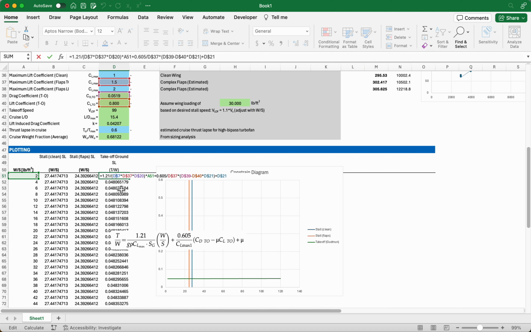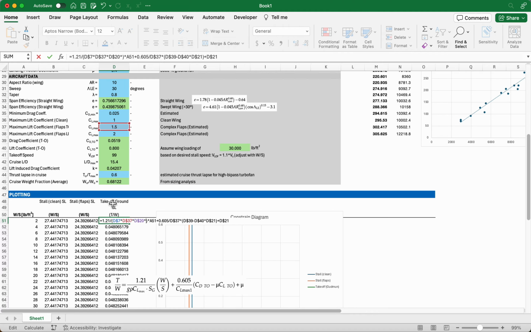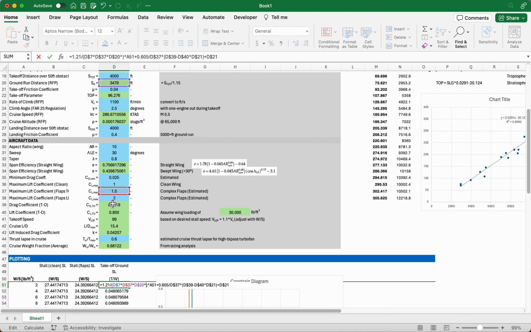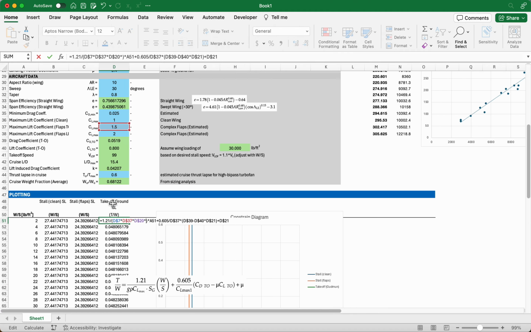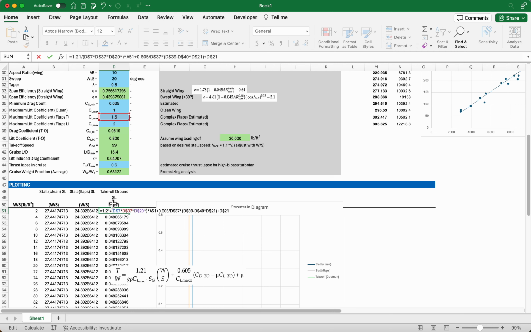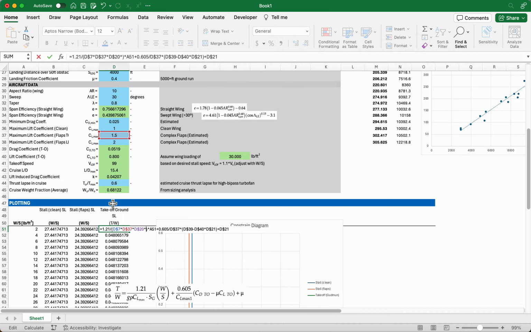All right, we have our wing loading divided by acceleration due to gravity in feet per second squared, our density, our CL max. I'm missing a value here. Times our ground run. CL max G, maybe I'm missing density.